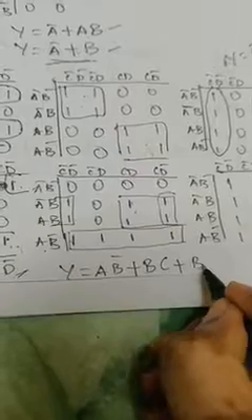Plus, so this quad rolling, C D bar, C bar D bar. So C bar C cancels, D bar remains here, and here A bar A cancels, B remains here. So B D bar will be the final answer for this one.